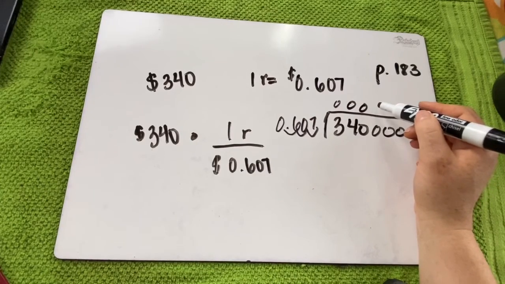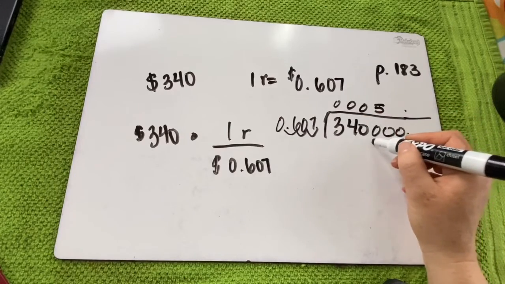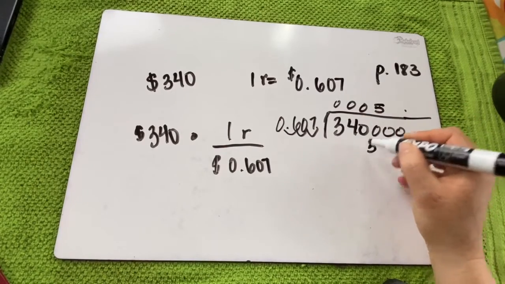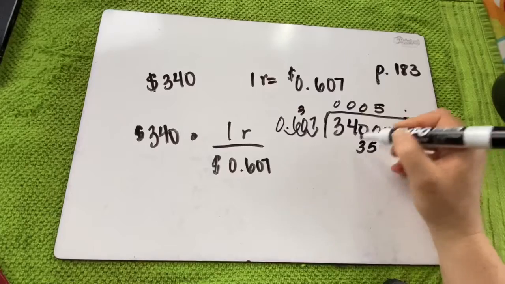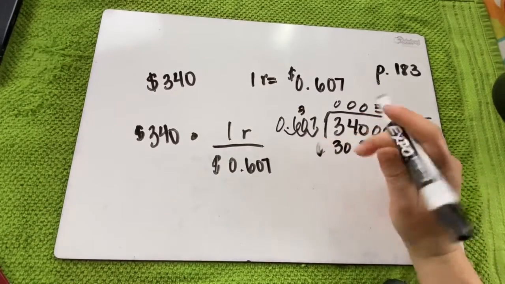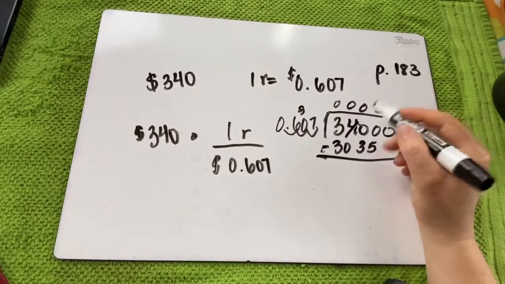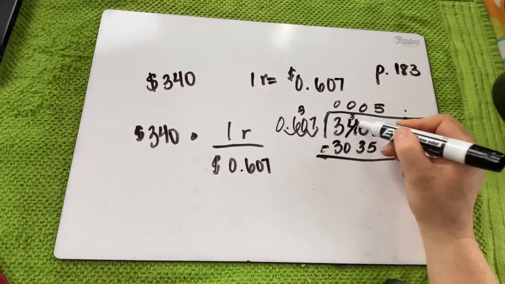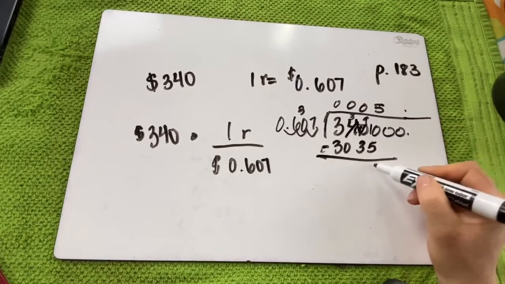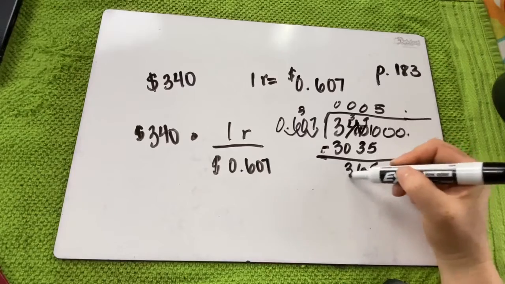That can go 5 times. 5 times 7 is 35. 5 times 6 is 30. Oh, no. Man, I haven't done this for a while. So then we have 10, 3, 10, 9, 10. Okay, so 5, 6, 3.